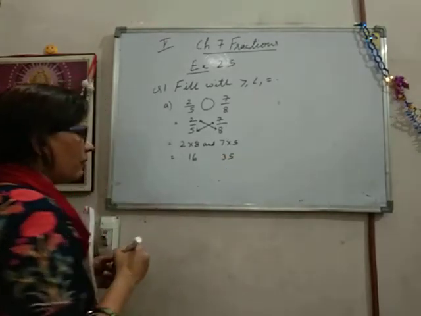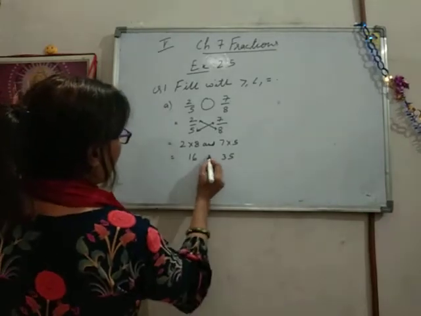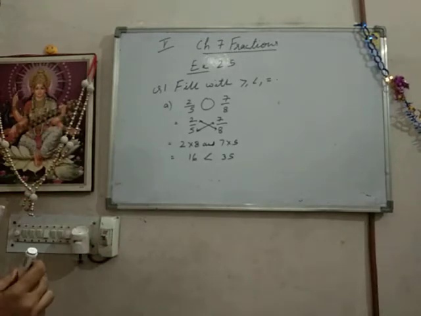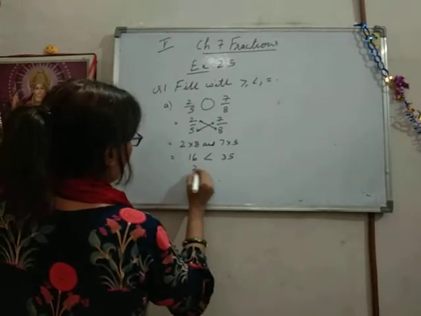Now children, tell me which number is the greater, so that we put the open sign towards that. This number is the greater. Okay student, this means that 7 upon 8 is the greater fraction. Open sign toward that.